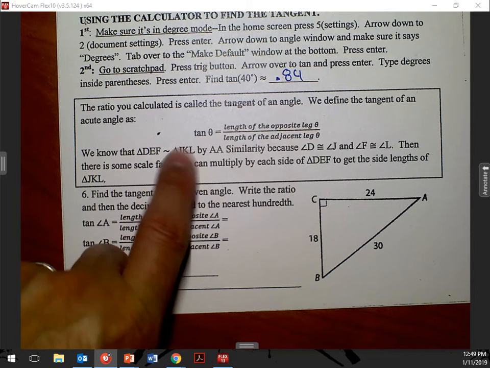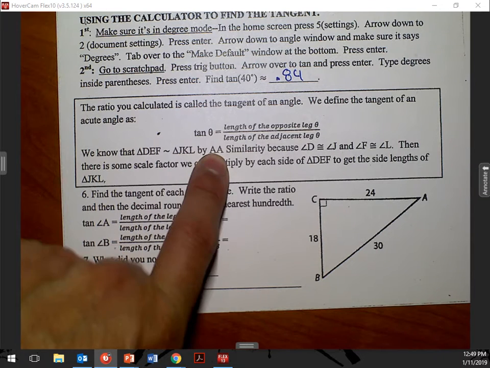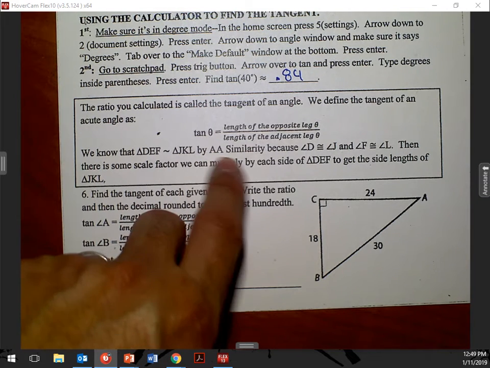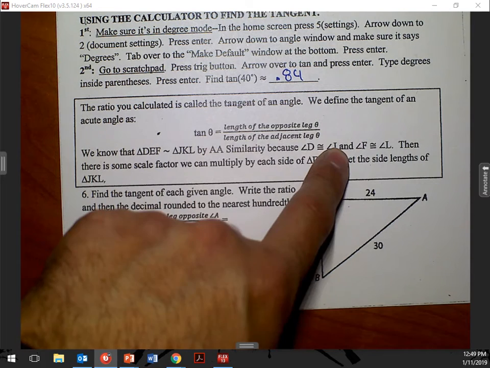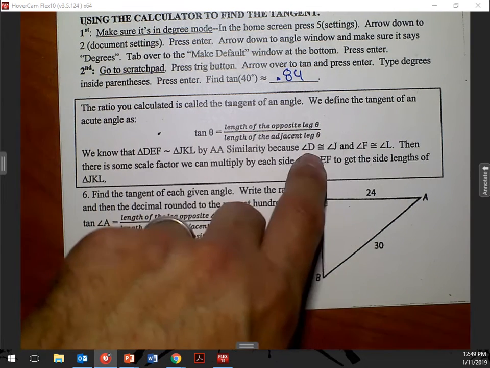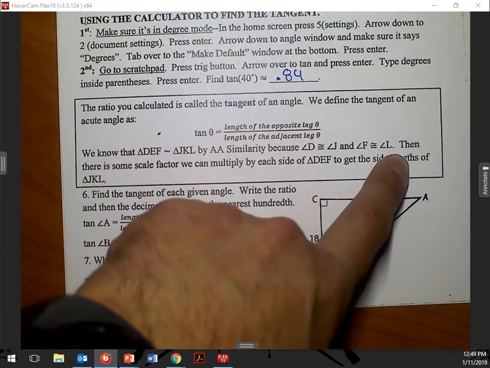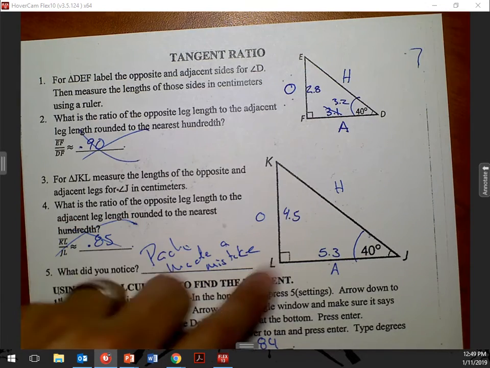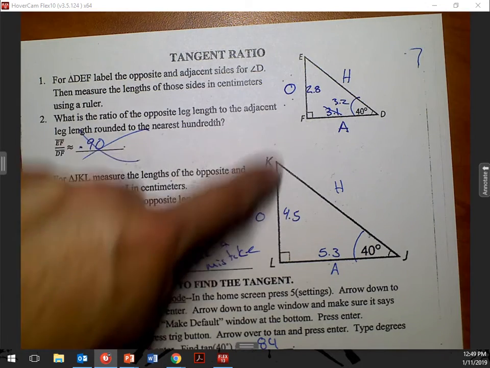DEF is similar to JKL by angle-angle similarity. It was supposed to be, but it wasn't because my copy was bad. Sorry about that. Because D is congruent to J, and F is congruent to L. Remember, all right angles are congruent to each other.